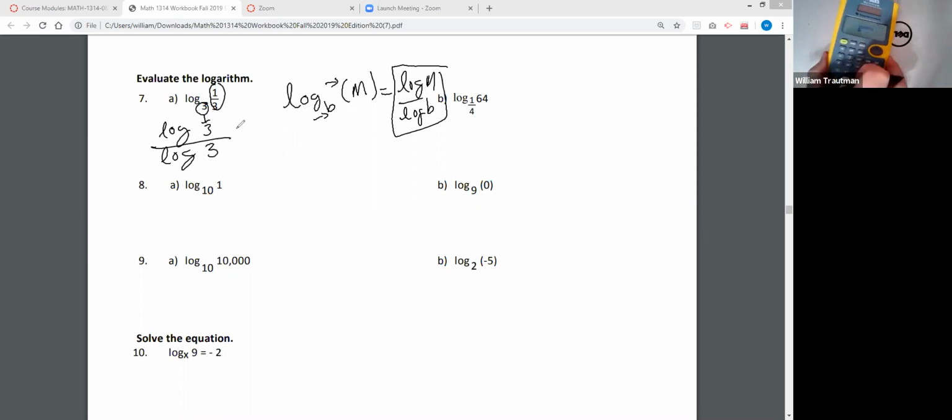So let's put that in our calculator. On my calculator, I'm going to hit fraction. You can actually make your calculator window bigger. I'm going to hit the log of 1/3, fraction, 1/3, arrow over, close, and then I'm going to do the log of 3.